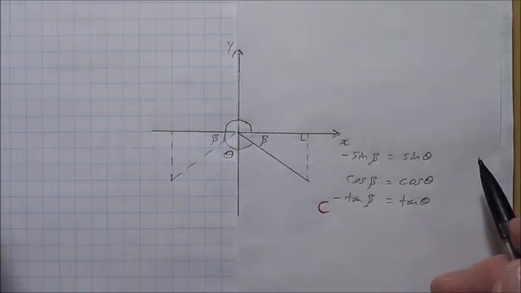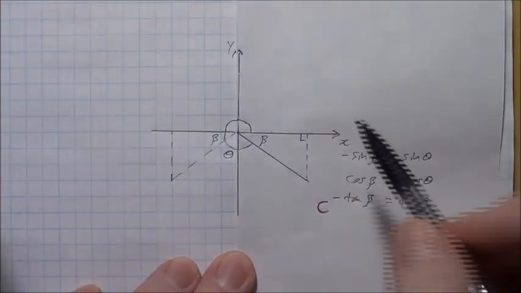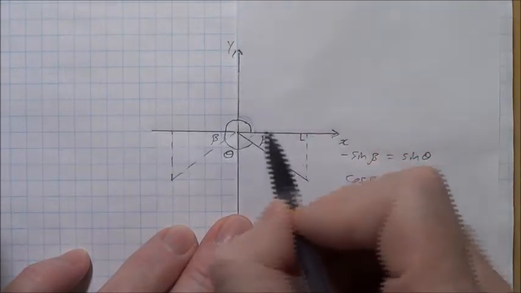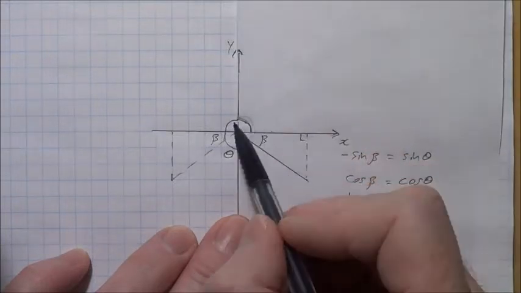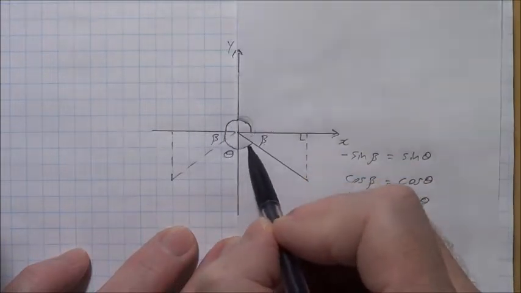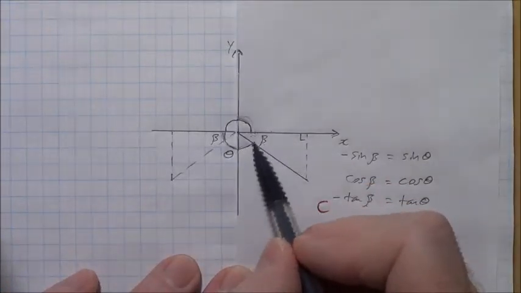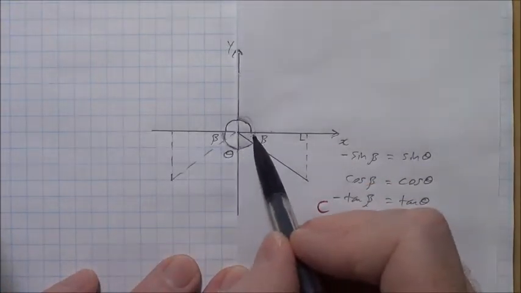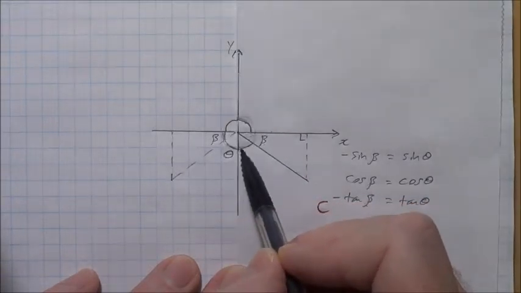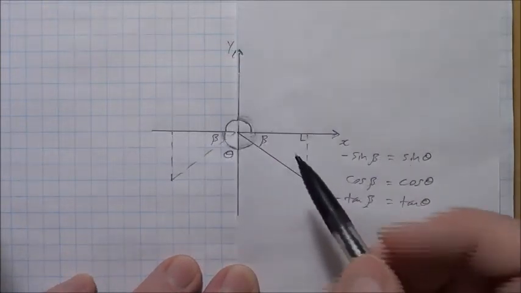So when I kept talking about the angles had to just keep repeating themselves, well, there's only 90 degrees from the positive x-axis up to the positive y-axis. There's only 90 degrees from the positive y-axis down to the negative x-axis. There's 90 degrees from the negative x-axis to the negative y-axis, and then of course another 90 degrees from the negative y-axis up to the positive x-axis, which means there's 90, 180, 270, 360 degrees of angle of rotation about one circle.